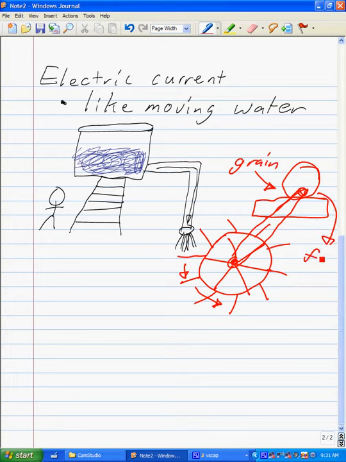So electric current is that same idea. We give the electrons energy. Here, it has potential energy. And then we get the electrons moving because of the current, and then we use that energy to do work.